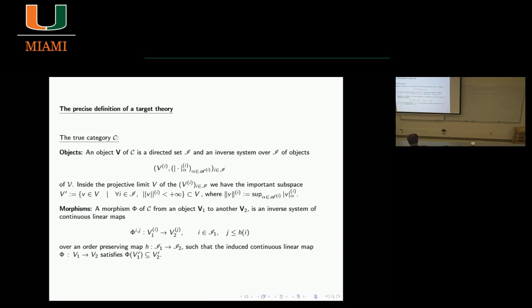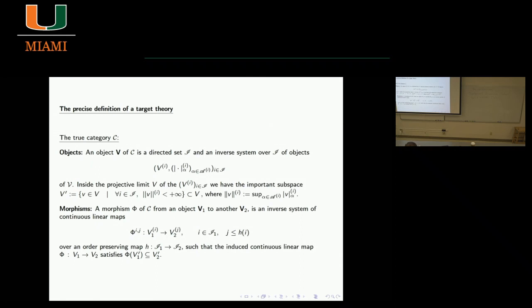Therefore, it's linear maps from V1I to V2J for all I in I1, but then only for all j less than some h of I, where h is an order-preserving map from the ordered set I1 to the ordered set I2. This will induce continuous linear maps between the two projective limits, and we want that resulting map to take this preferred subspace of 1 to 2, and that's a condition.